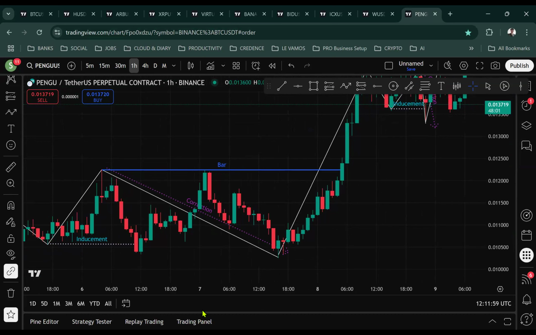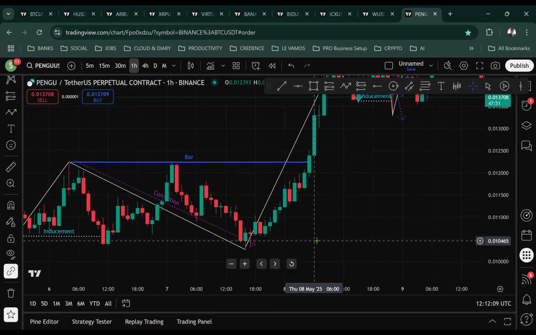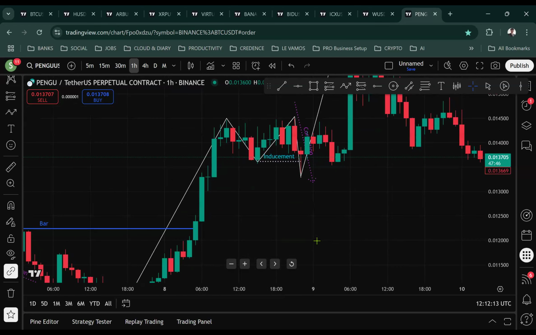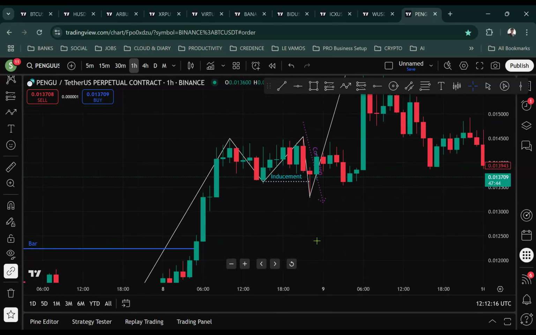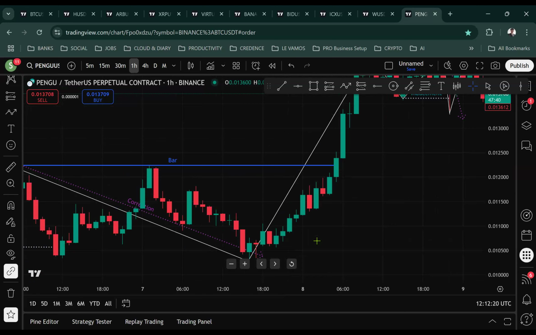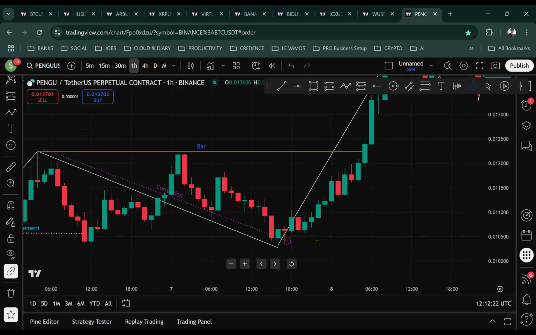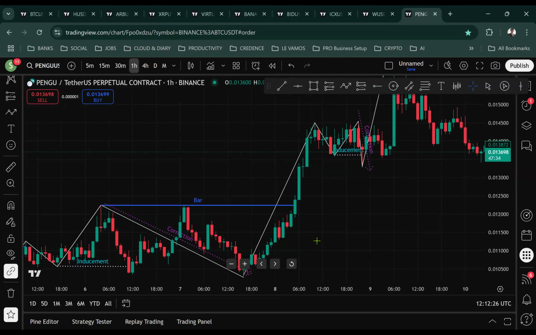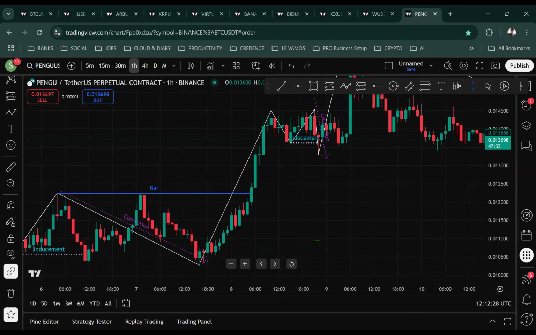Wherever the lowest point is, and also where the impulse starts from, that area is where the correction is ending. The first impulse ends at the point where the correction starts from. Okay, perfect.